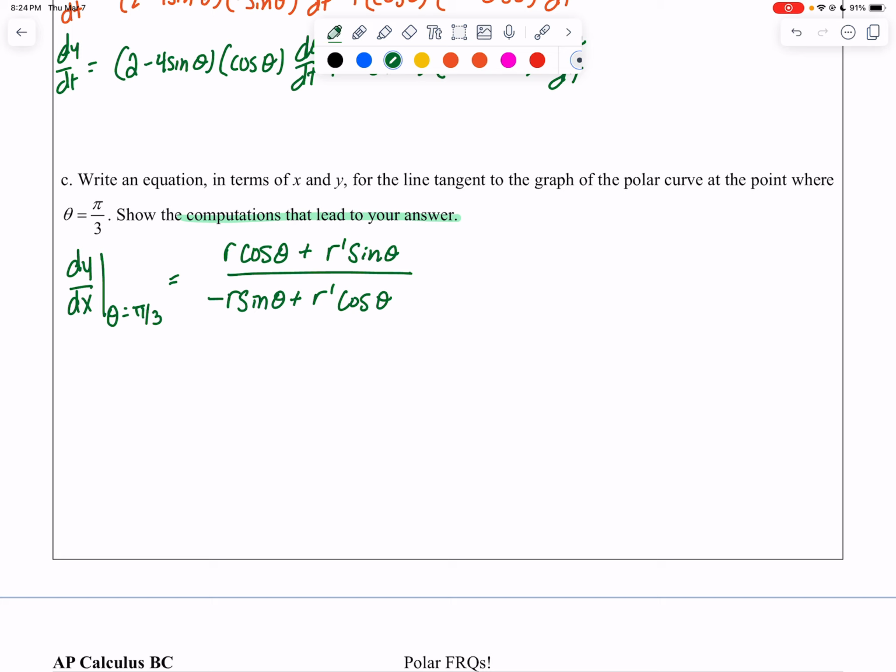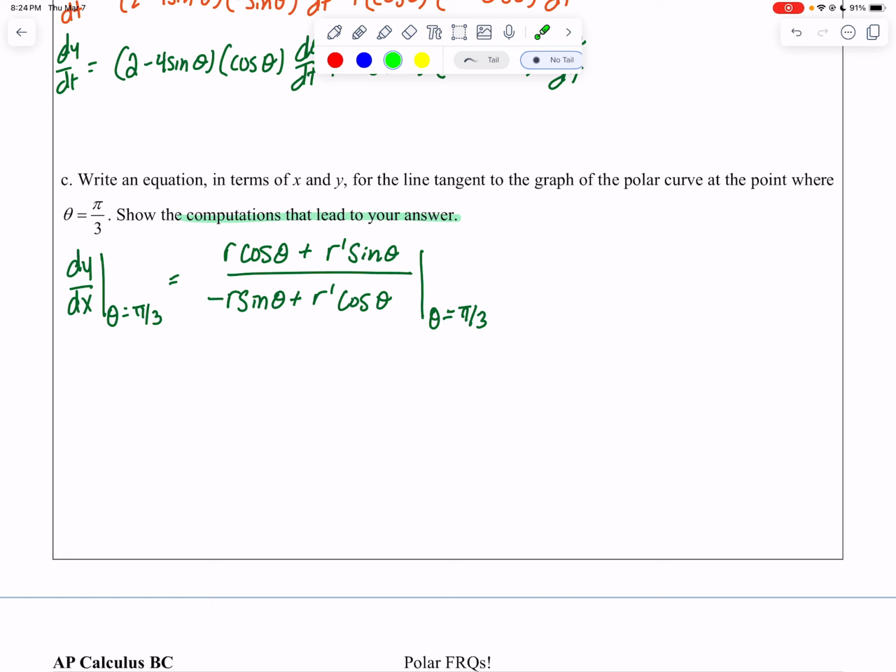Once I do that, I am just going to call it a day because that is my computation. I'm just going to plug in r, r prime, cosine and sine of pi over 3.